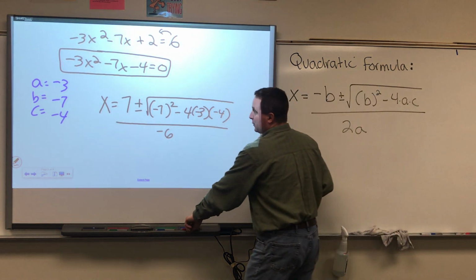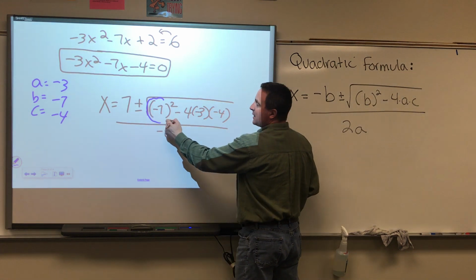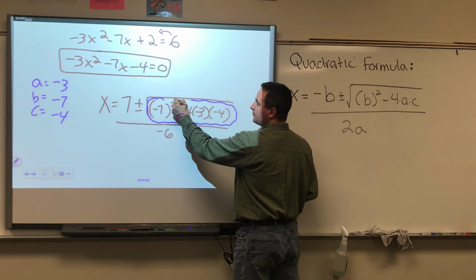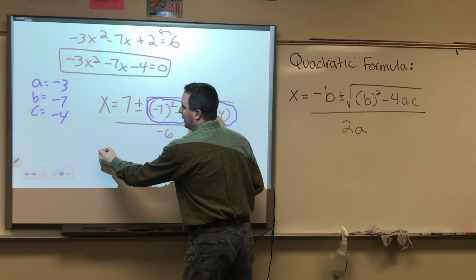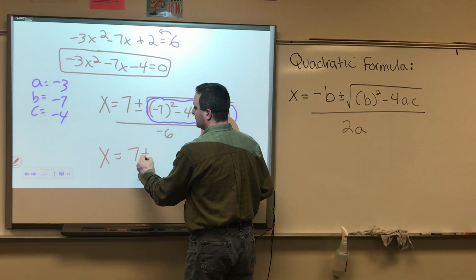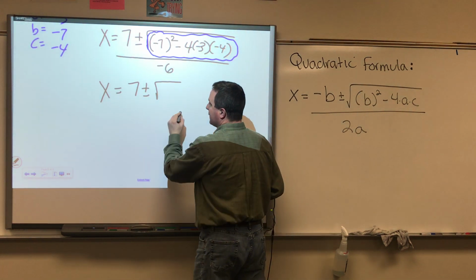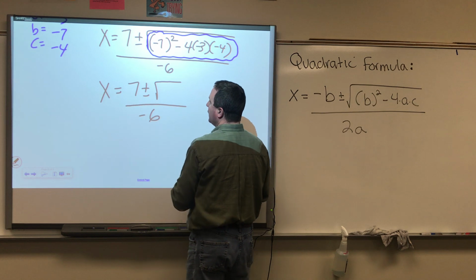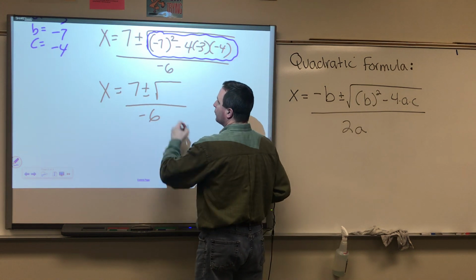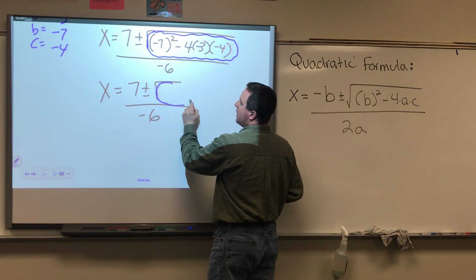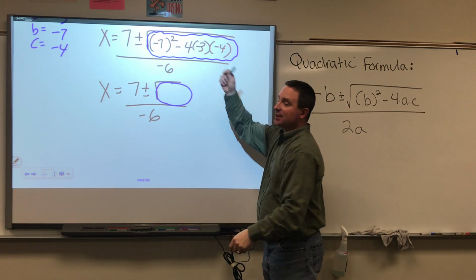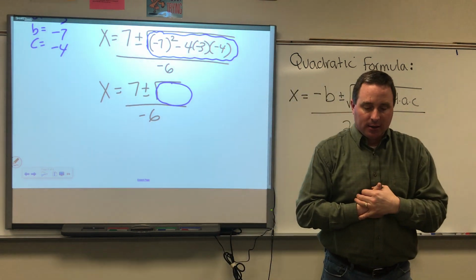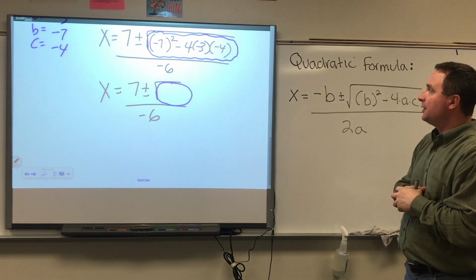Like on the last one, let's take a second and clean this up a little bit. Let's grab our calculators and see if we can get a nice number underneath that radical right here. If you type that in just exactly the way you read it, you should end up with a 1 underneath there.